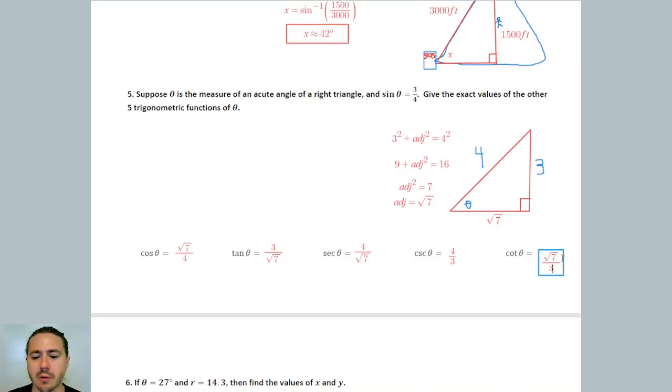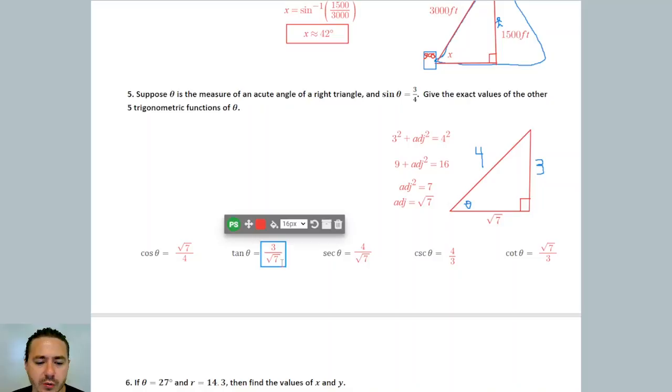So now, those are all your answers, and I'm actually okay with those as being your answers. I don't have a problem with you just leaving it like that. Now, just because of the way we're doing assessments at Schoology, most of the time I'm probably going to have them rationalized. So you want to be comfortable rationalizing this. For both of these cases, we're going to multiply by root 7 over root 7 to rationalize.